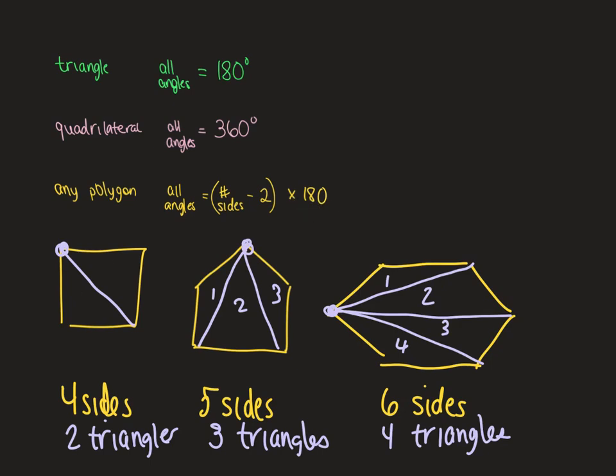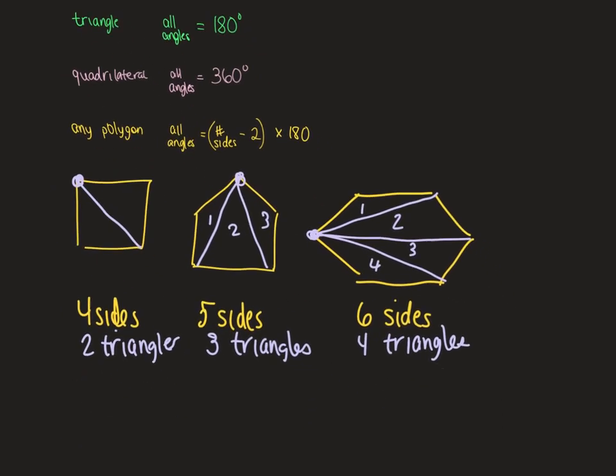There are 2 180s. 180, 180, 180. There are 3 that each of these would equal 180 if I counted on the inside. There are 4 triangles. Each triangle is 180.